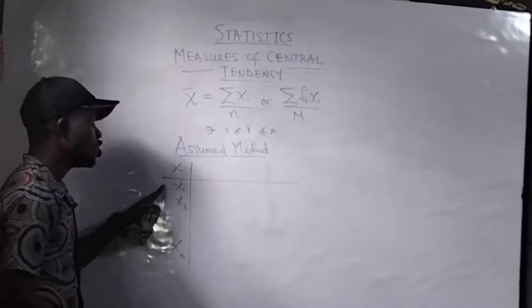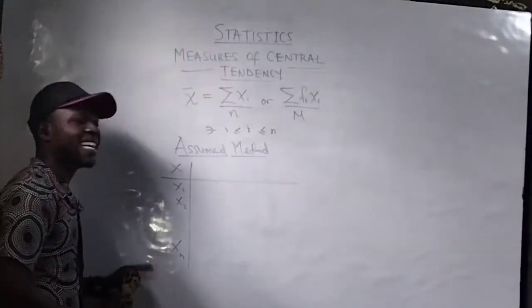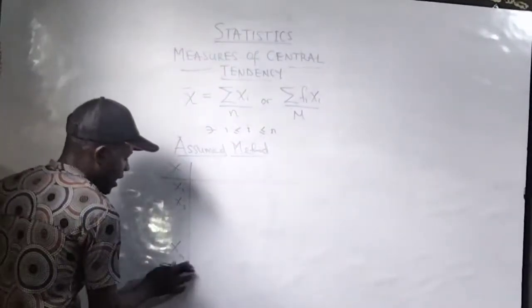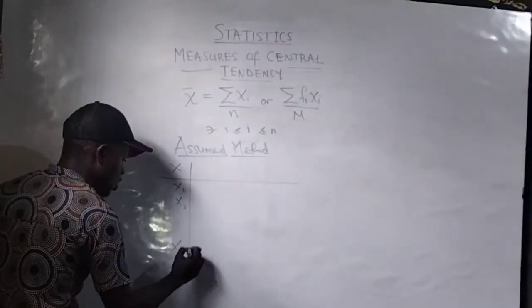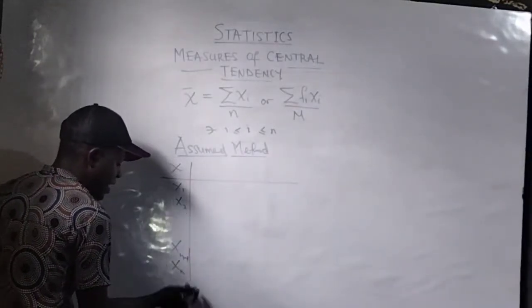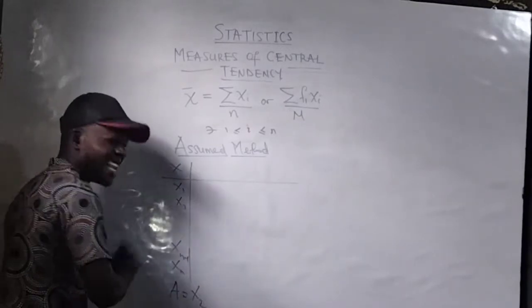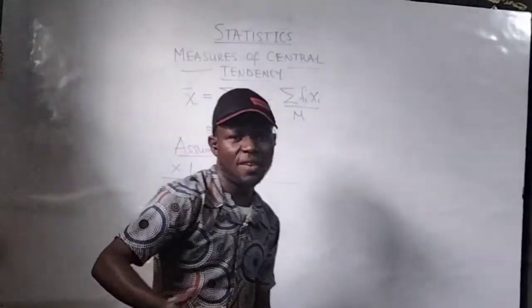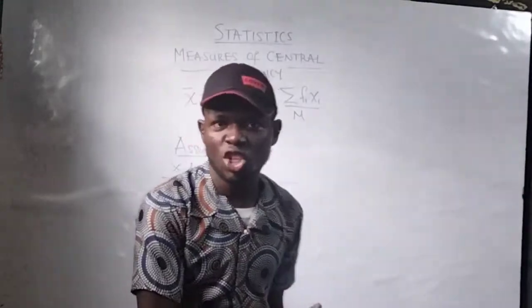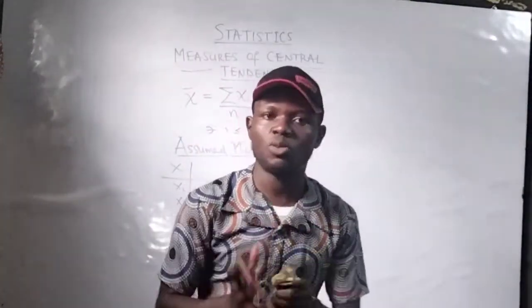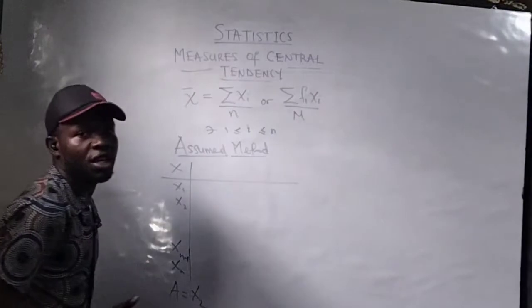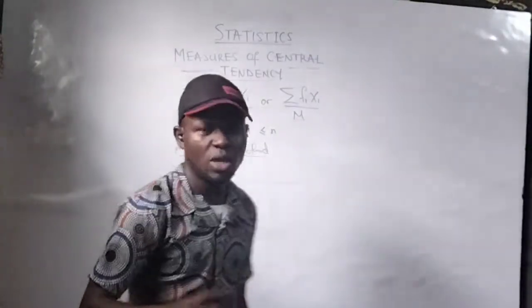Then you just assume that any of these x is your mean. For instance, you can assume x2, x3, or x5. I hope you know that these are just notation. Your x5 are numeric values, but we want to deal with them arbitrarily here, so that when you come across any question, you can easily fix them.